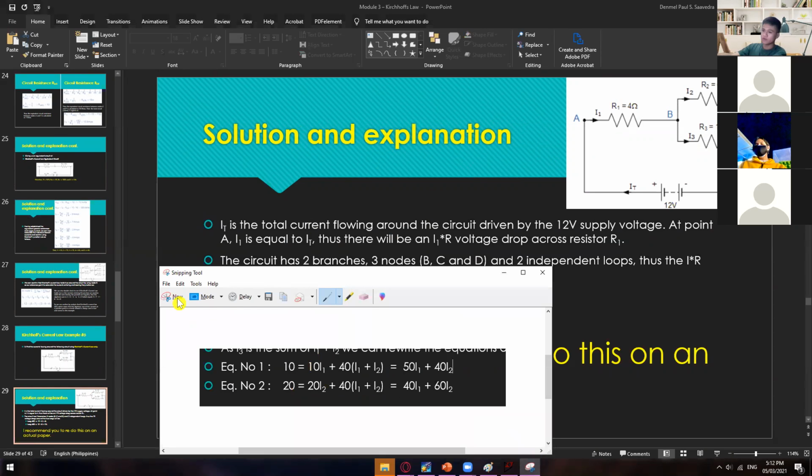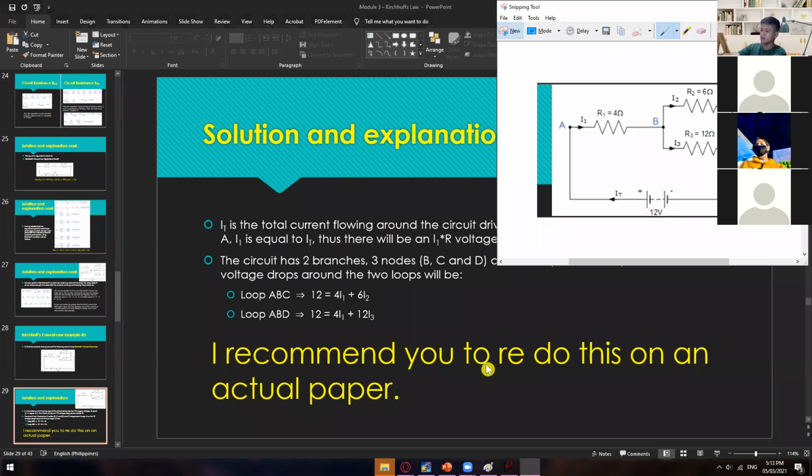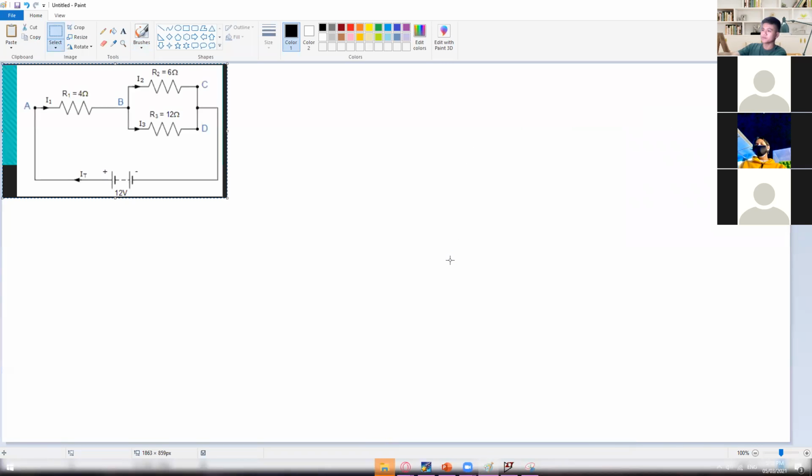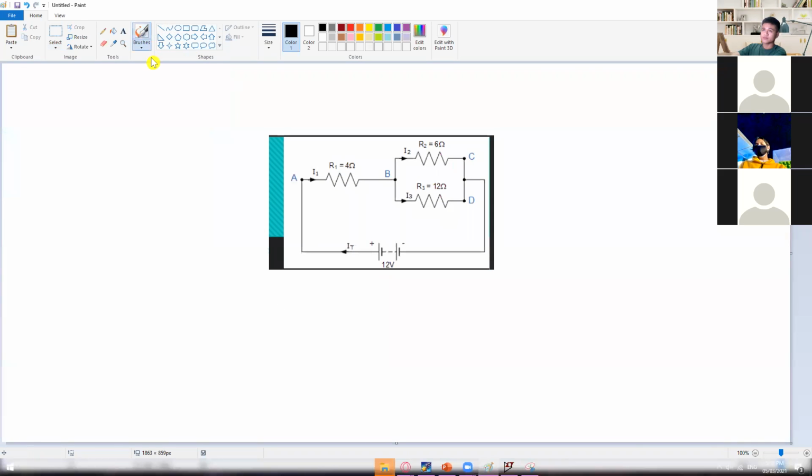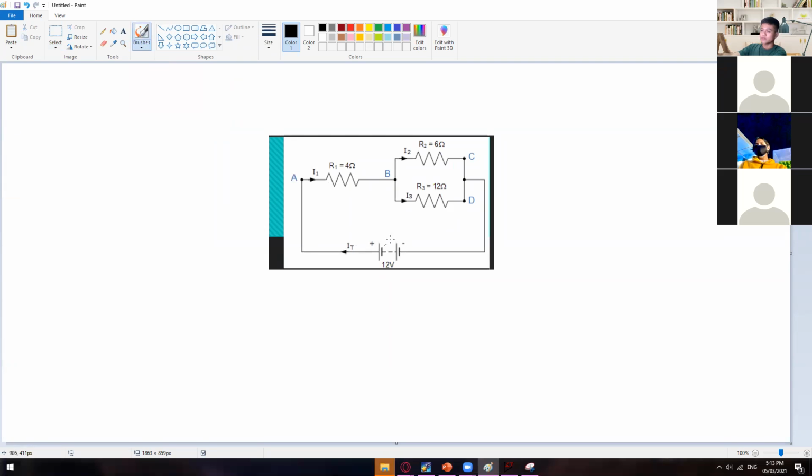If you're going to write this on paper, we have the A, B, B loop inside right here, and then we also have the loop A, B, C. So A, B, and then going to C, and then go back to its original position.